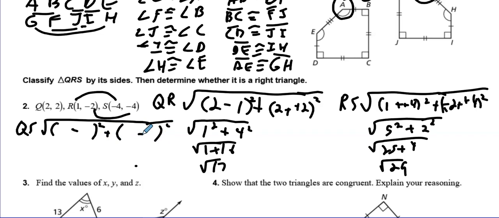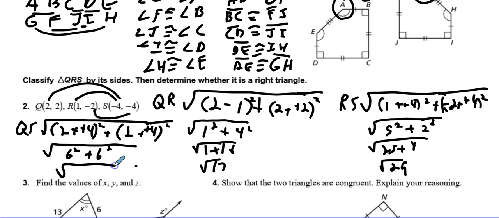All right? Now I'm going to do QS. That's going to be 2 minus negative 4. And, well, 2 minus negative 4 again, because they're both the same points. So remember, this is going to become plus. So 4 plus 2 is 6. And this is obviously going to be the same thing.